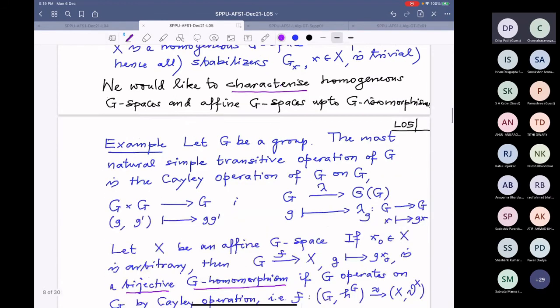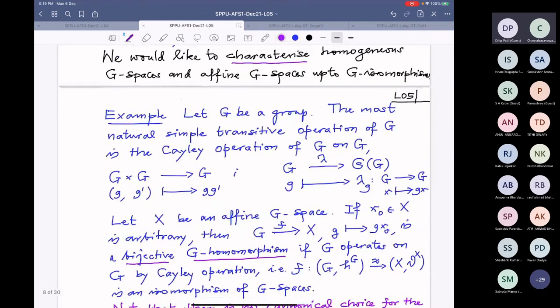Now let us see the example that would also clear your doubts. Who asked? Akshay. So G is any group, and the most natural simple transitive operation of G is the Cayley operation of G on G. See, whenever you define some concept, you also look for very natural examples.